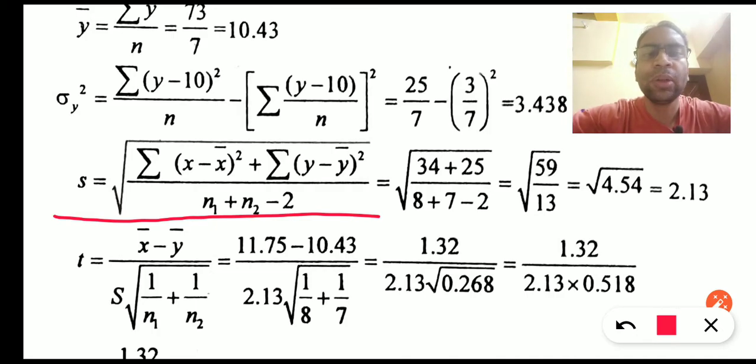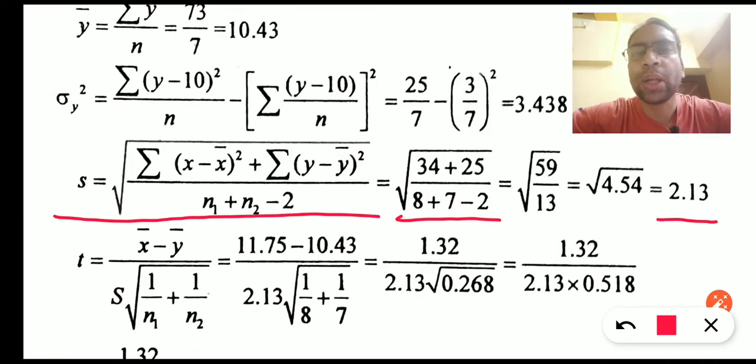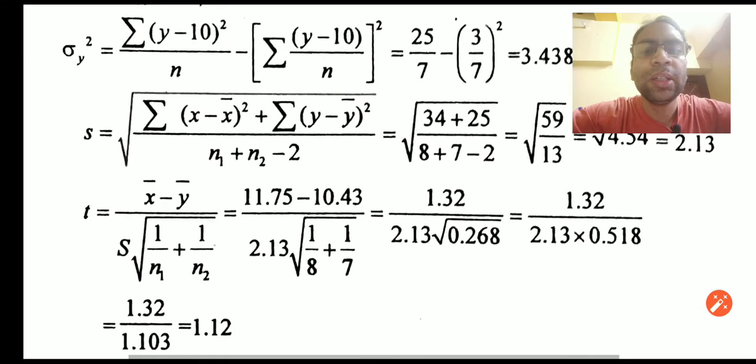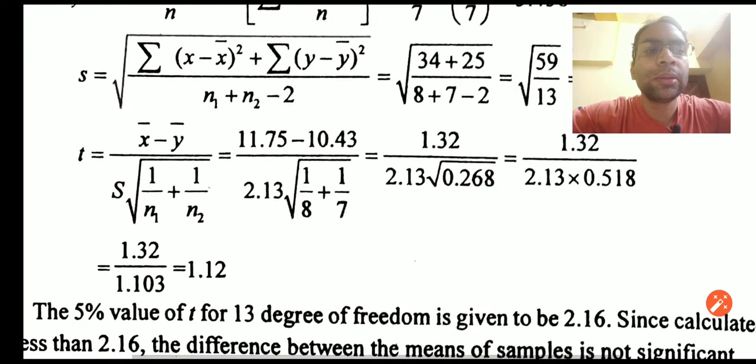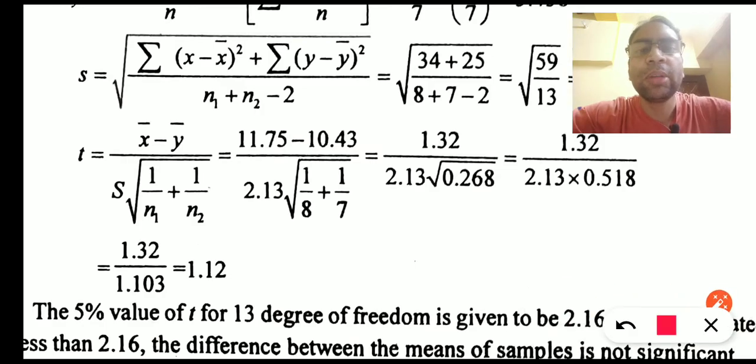We have all the values in the table, so we just substitute these values into the equation, and we found that the combined standard deviation is 2.13.